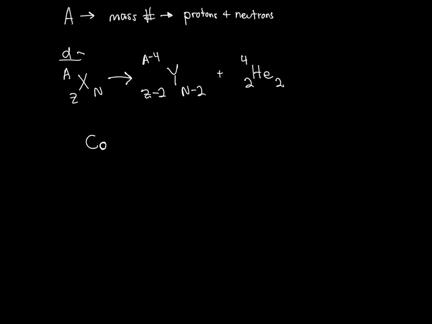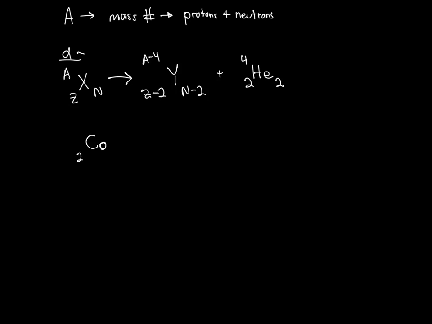What is the number of protons in cobalt? So we need to find its atomic number. Cobalt should be that number at the very top of the periodic table. So what is it? 27.